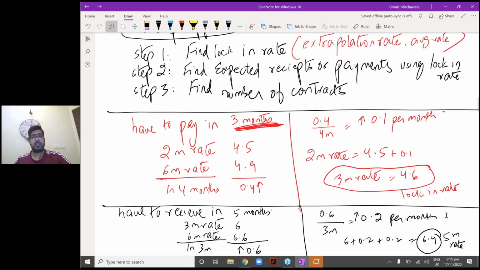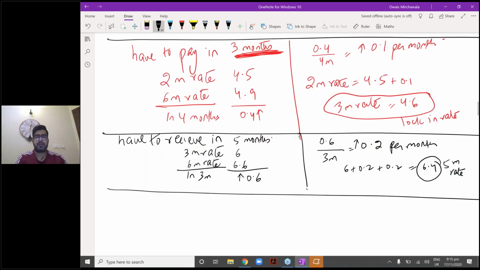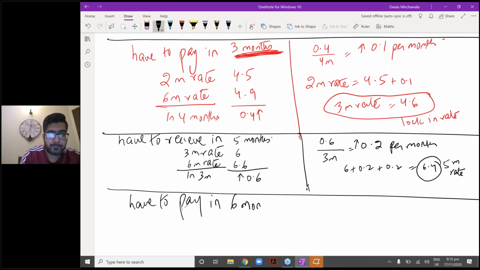Now you must not rote learn this. Now it is always going to be a rising trend. Okay. Let's suppose you have to pay or receive to someone in 6 months. You need a 6-month rate. Let's suppose the 3-month rate is given as 8. And the 8-month rate is given as 7.5.